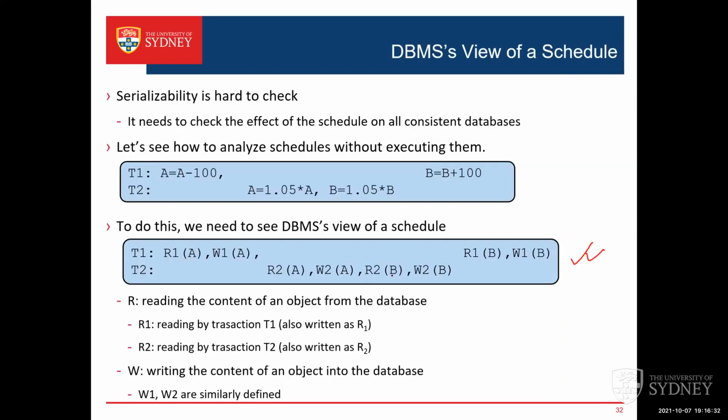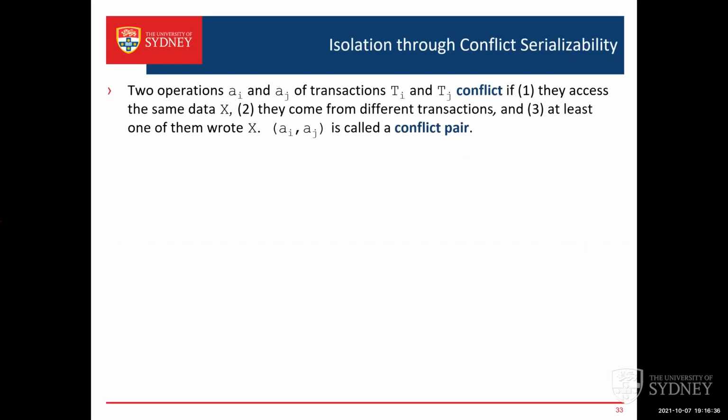Now that we have this idea of reading and writing, we can define conflict. What does conflict mean? Two operations are known as a conflicting pair if they are coming from two transactions Ti and Tj and three conditions are met. Remember these three conditions.